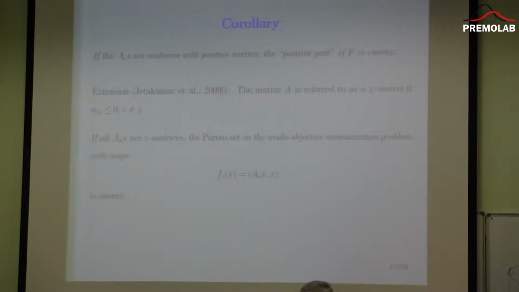For instance, assume that we have positive matrices, positive in the sense that the entries of these matrices are positive. Then, due to the Perron-Frobenius theorem, such matrices have a simple largest eigenvalue.